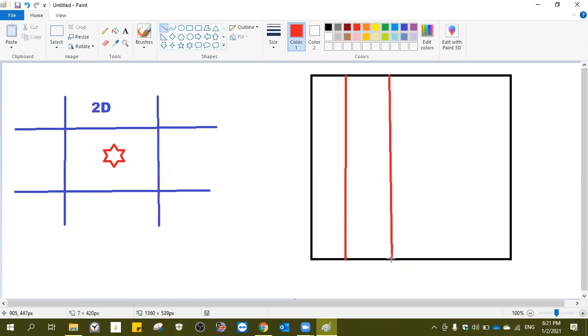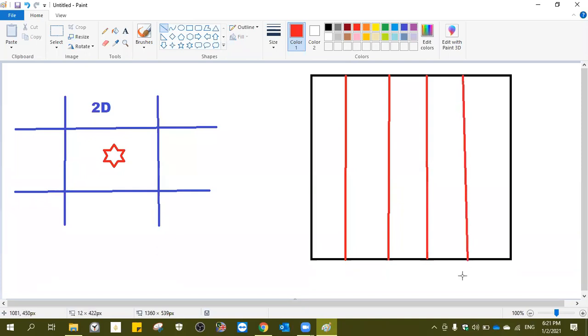My drawing is not good, so kindly do not focus on my drawing, kindly focus on my concepts. These are the lines, all right? These lines are parallel to each other, and there is another type of lines which are perpendicular to these red lines.